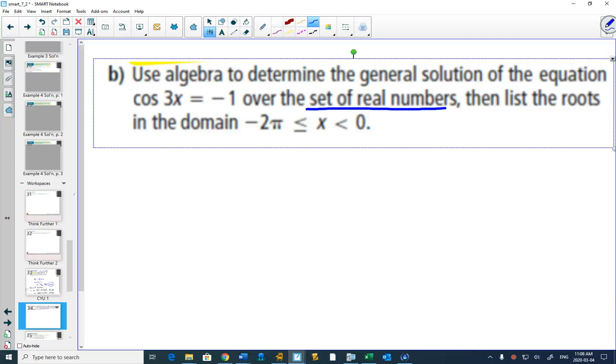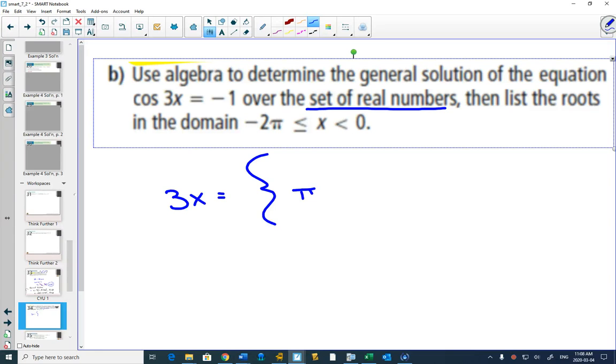If you are solving a general solution for multi-revolution, method 2 said first solve the general solution for 3x. We solve a general solution by finding out where cos is equal to -1 from 0 to 2 pi. Just at pi.